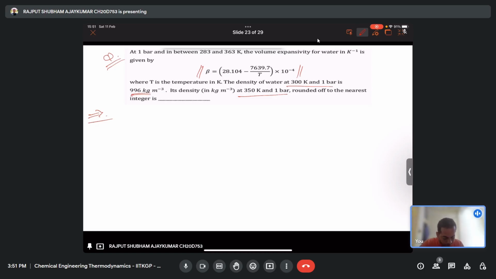So first of all, write what has been given to us. The volume expansivity beta is given as 28.104 minus 769.7 by 10 to the power minus 4.